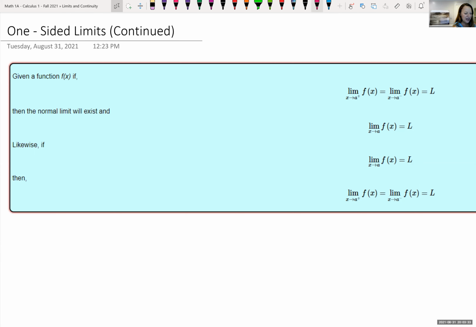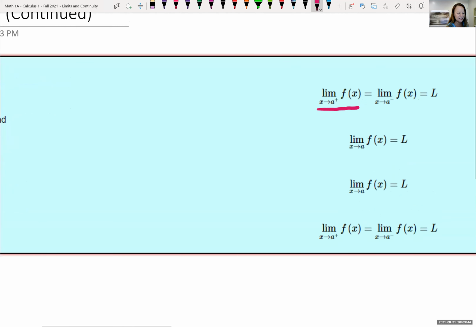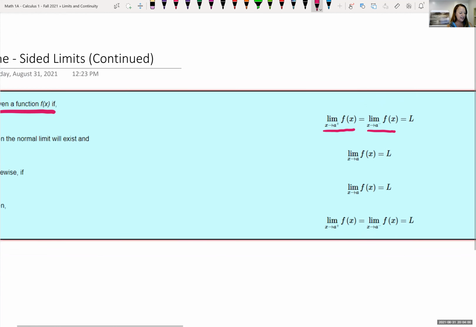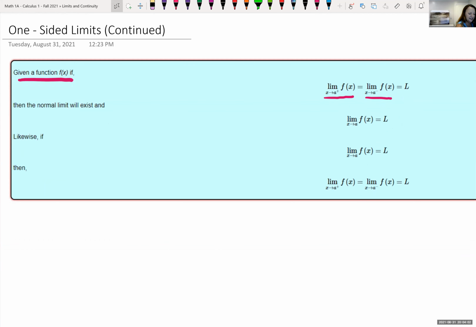Given a function f of x, if the limit as x approaches a from the right of f of x is equal to the limit as x approaches a from the left of f of x, equals L, then the normal limit will exist.